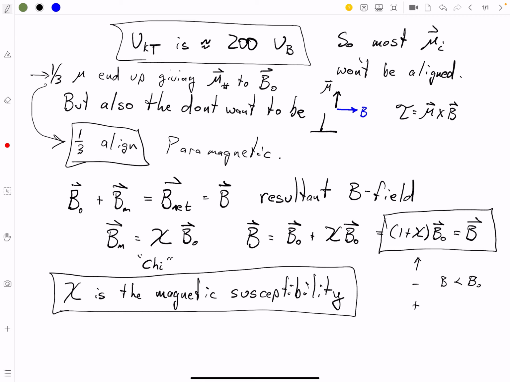If it's positive, B is greater than B naught. And it's negative for diamagnetic, and it's positive for paramagnetic. So that's the state of the situation.